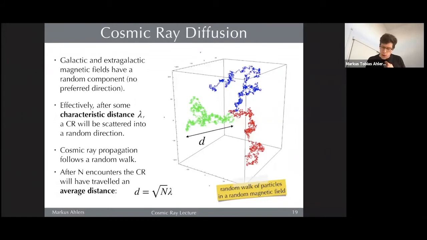We can also do this a little more quantitatively. We can look at the diffusion equation again.